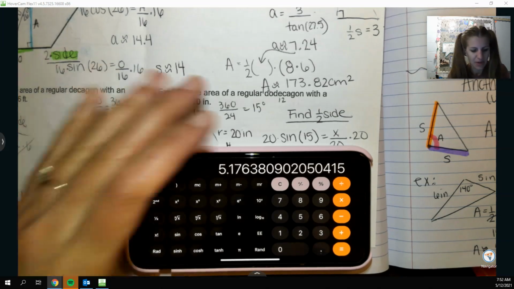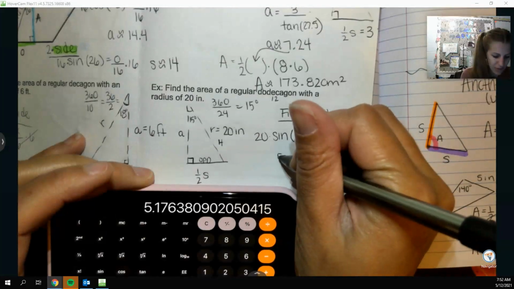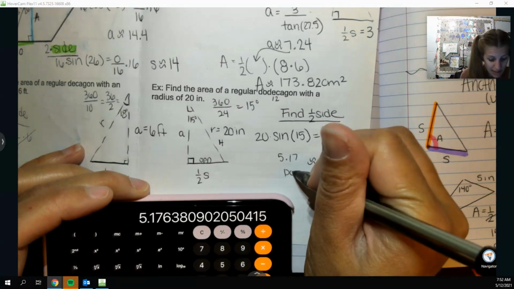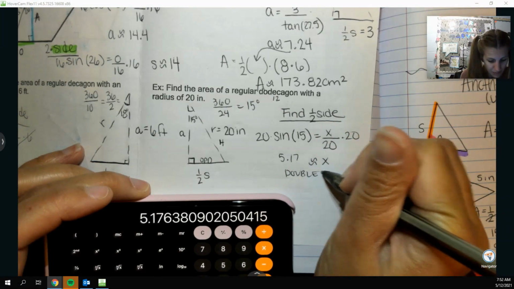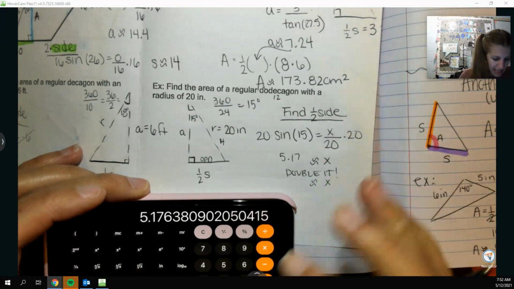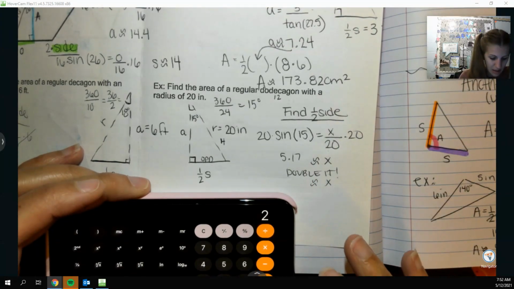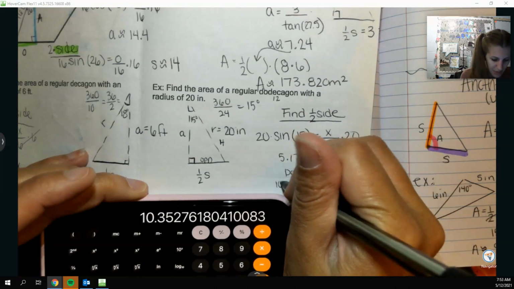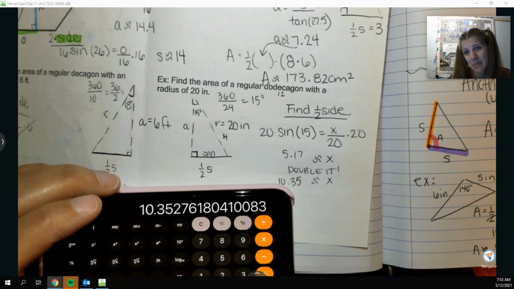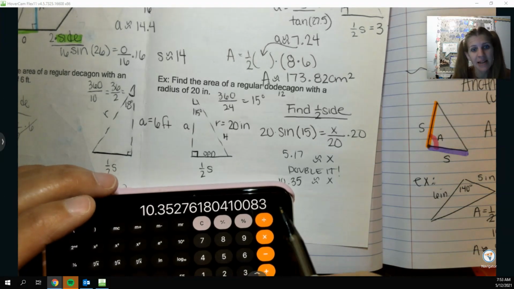So 5.17. Oof. Now, that is only half, so now I got to double it. And so the full side length is 10.35.